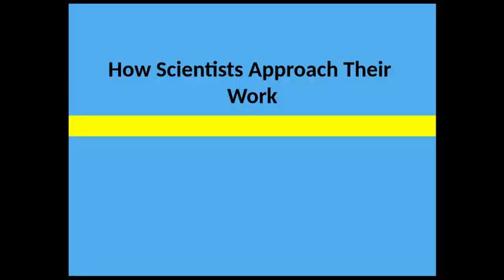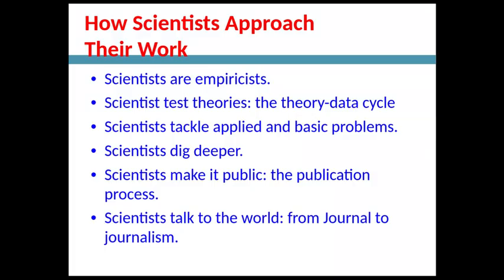Now let's get into scientists and how they approach their work. First of all, again, I said scientists are empiricists, which means they don't just take one statement, one personal fact that maybe they witnessed themselves, and then just try to report it.